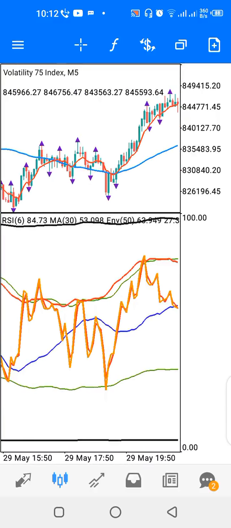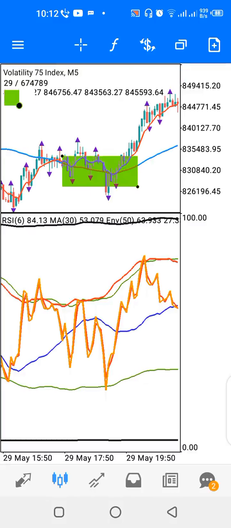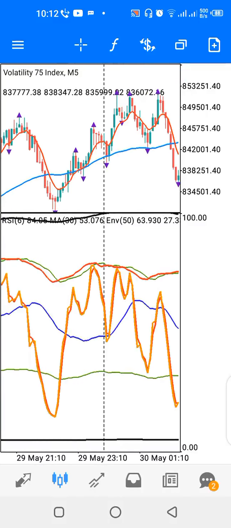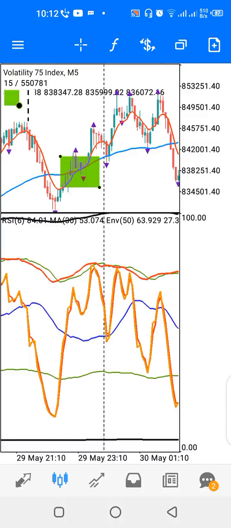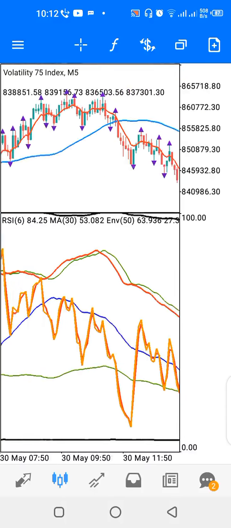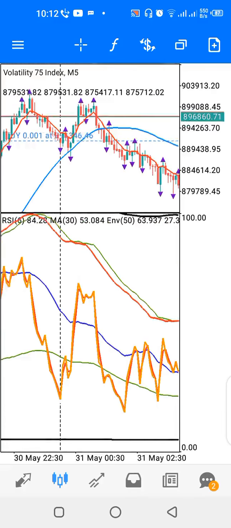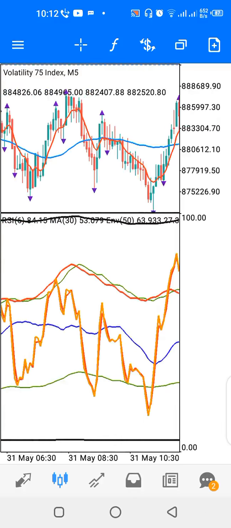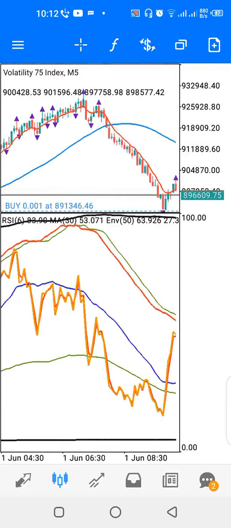There's another cross above the blue line here, around here. So that's a good place for you to take your trade. There's another good place for you to take your trade. In as much as the two lines have crossed above the black line, you look for buy signals. Continue to look for buy signals.